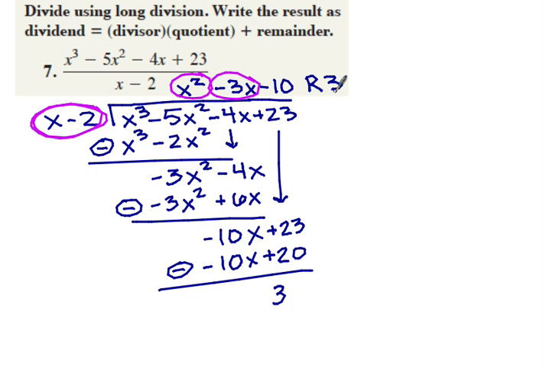Now when we go to give it in the format they're asking for, our dividend, which is at top, you're going to have your x cubed minus the 5x squared minus 4x plus 23 equals, I'm going to probably run out of room here. Let's shift this over really quick.